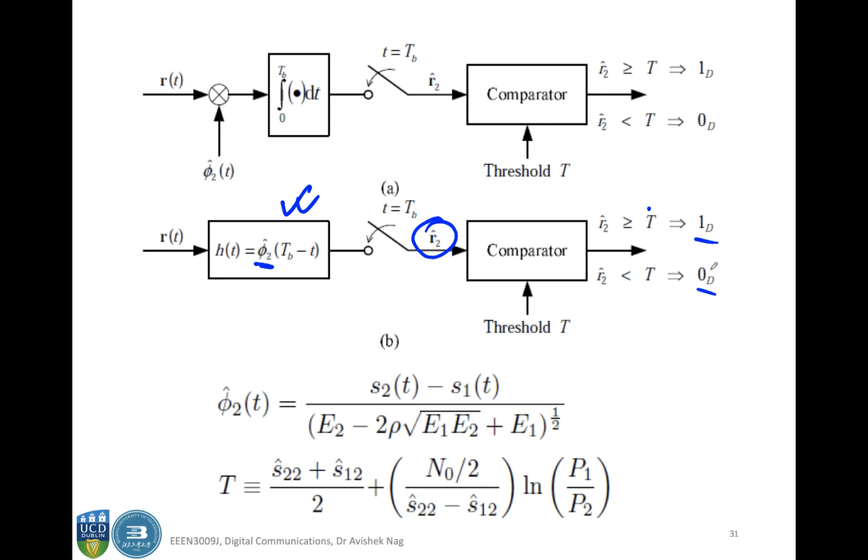So this is a trick that you can apply just to represent the receiver with a single matched filter, because a single matched filter can give you less hardware complexity and lower costs.